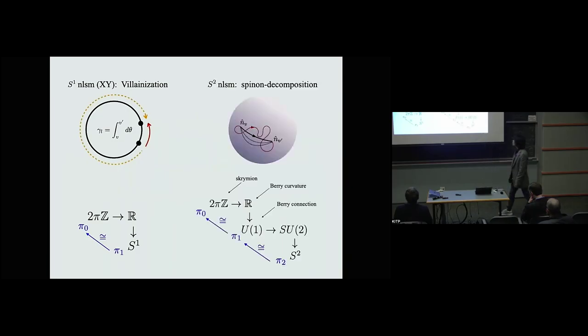Another kind of known model since the 80s is the spinon decomposition of the S2 nonlinear sigma model, where you represent the S2 degree of freedom as SU2 gauging a U1 gauge field, and in condensed matter that's recognized as a Berry connection, and then you further villainize the U1 gauge field. In doing that, the pi2 of S2 is captured by the pi1 of U1, captured by the pi0 of Z.